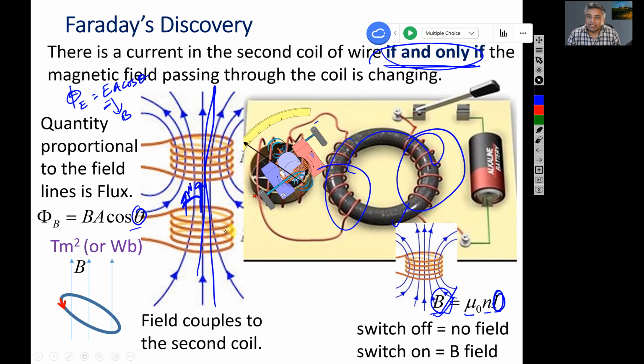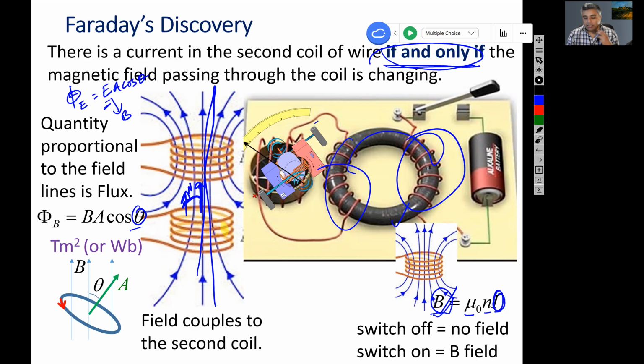So you need to figure out the correct angle to use to solve the problem, okay? That's what I'm talking about. The normal to the coil is like that, not this, this. So that's the angle you are measuring. Okay, so that's the flux.